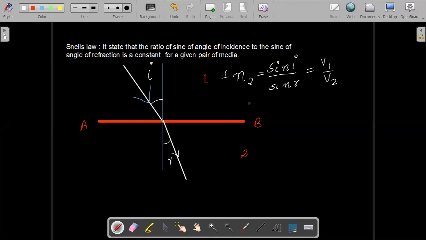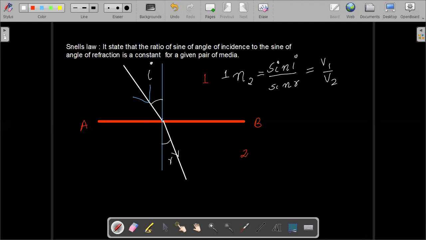So as per Snell's law, refractive index is equal to sin i by sin r. This is the statement. Some questions may come relating to mathematics a little bit from here, but up to now in the board exams they haven't been asked like this.